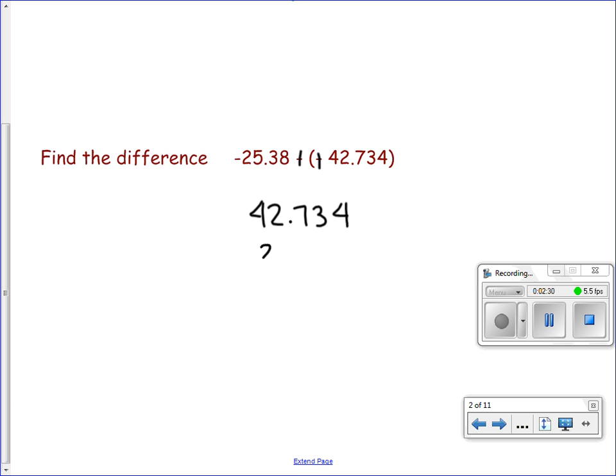You're going to line the decimals up and subtract. Because the larger absolute value is a positive number, the answer will be a positive number.